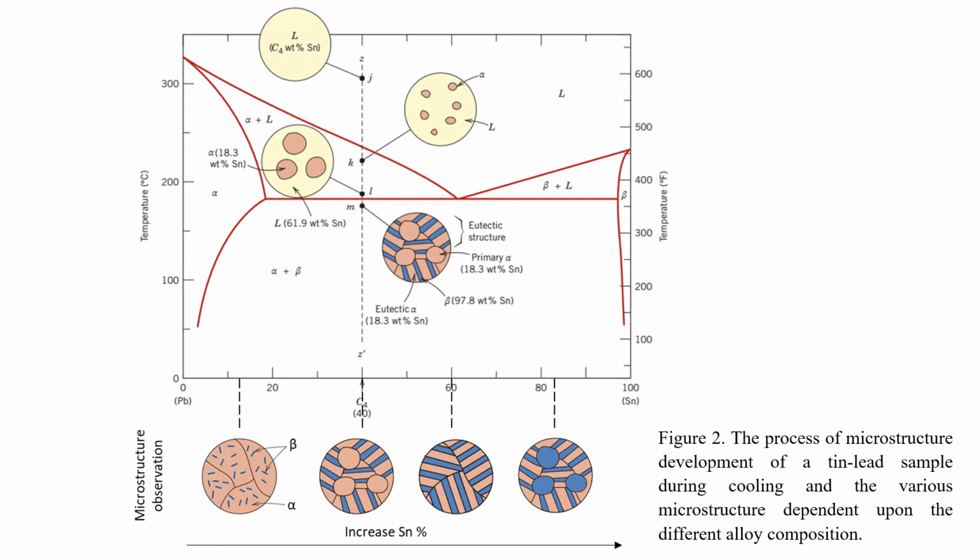At that moment, the liquid phase turns into solid, forming a superstructure with alternating layers of alpha and beta phases. This process of microstructure formation in this experiment is shown in Figure 2.